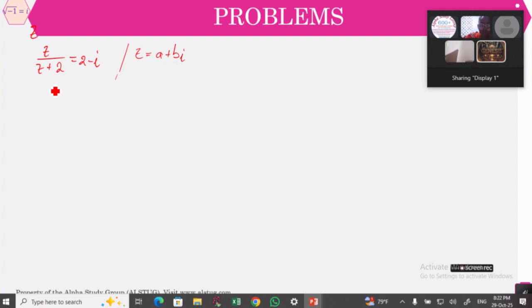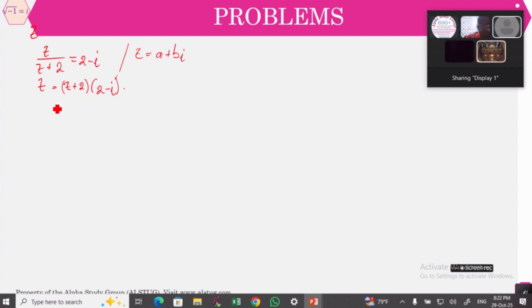The first thing we are supposed to do is to cross-multiply, which means we'll end up with z equals z plus 2 into 2 minus i.